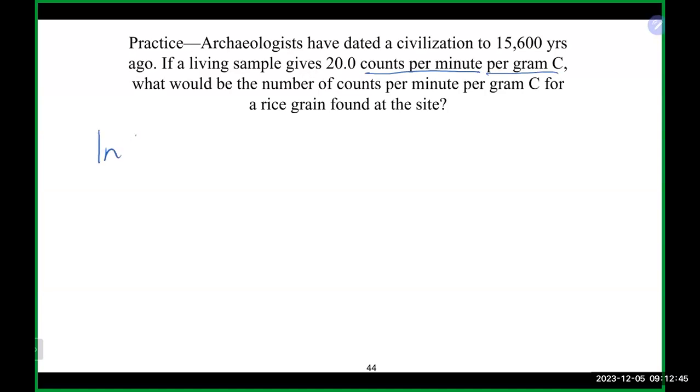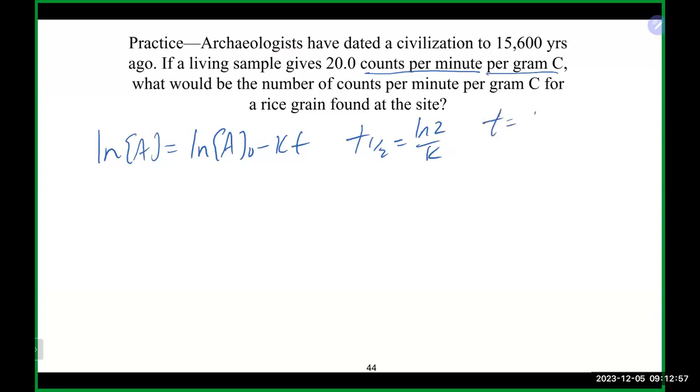So we'll use our first order here. And here we do have the time, that's 15,600 years. We have our living, which again would be our initial, I'm assuming 20 counts per minute per gram of carbon.